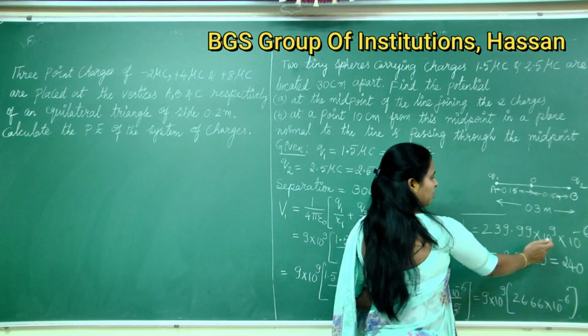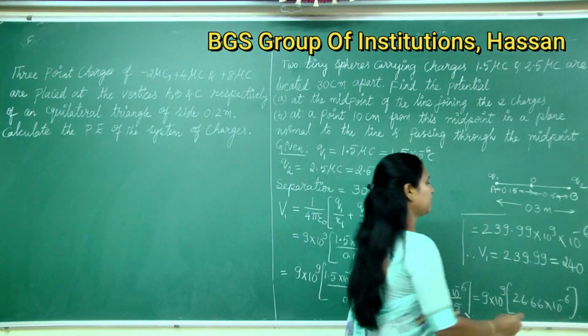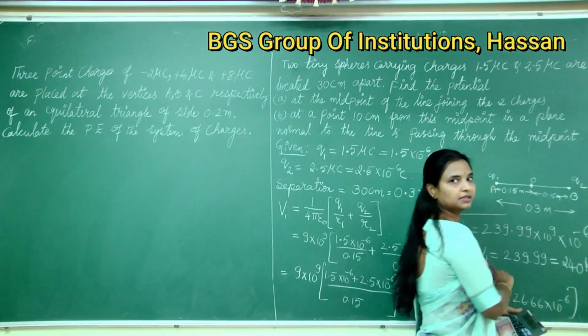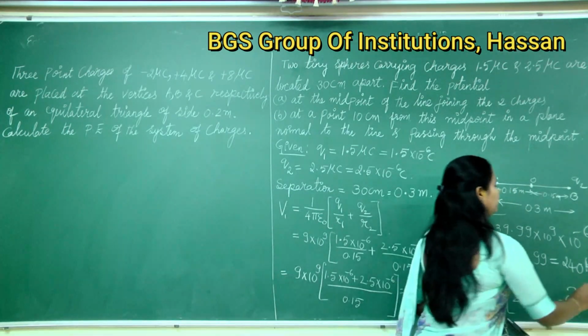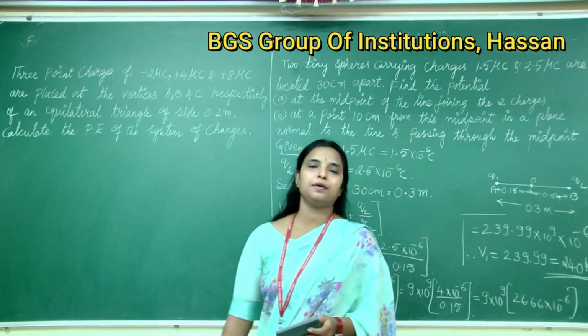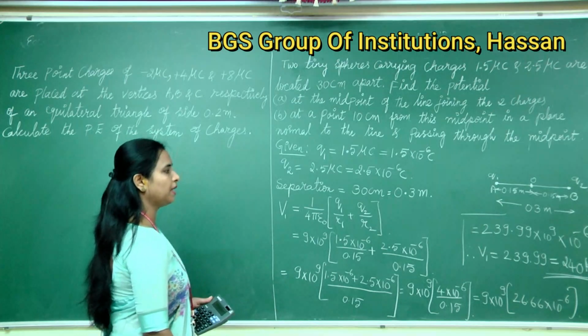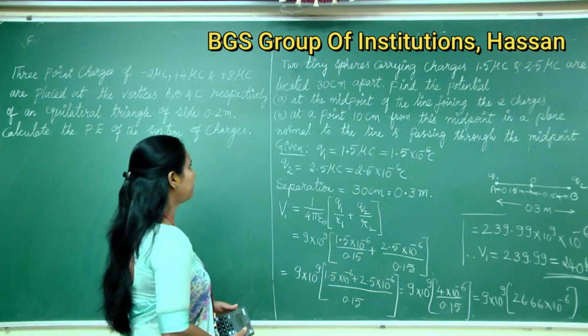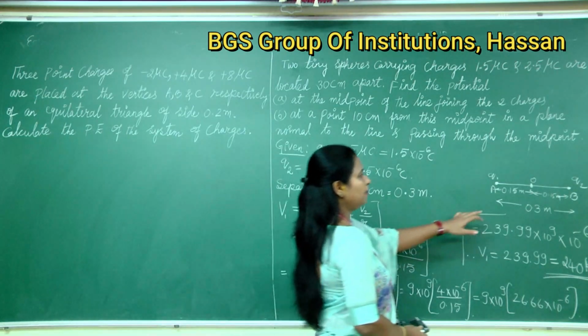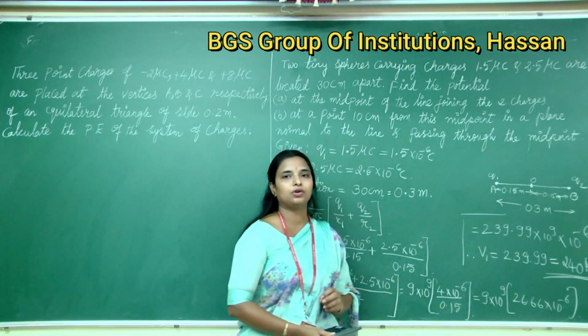Here 10 power 3 is there, 10 power 3 I'll write it as kilo, and what is the unit for potential? It is volt. So I got 240 kilovolt, that is 10 power 3 volt. So this is the first part of the problem, to calculate the potential at the midpoint of the two charges.